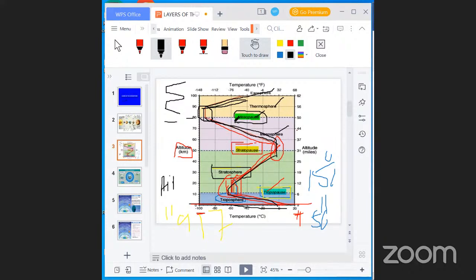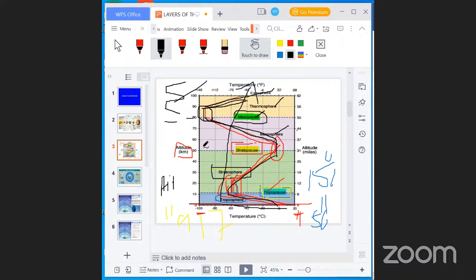If you can remember, it looks like the sigma symbol, from the troposphere to the exosphere, the outer sphere. So how does this isotherm line look? It looks like a sigma, right?